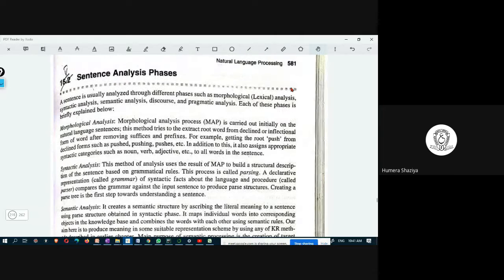Sentence analysis phase. A sentence is analyzed through different phases. Suppose a sentence is given to the system. I say, book a movie ticket.